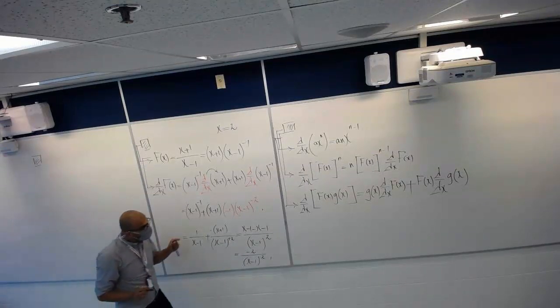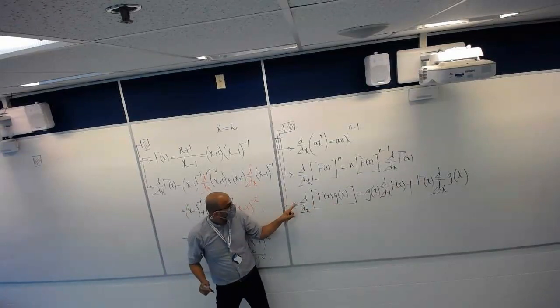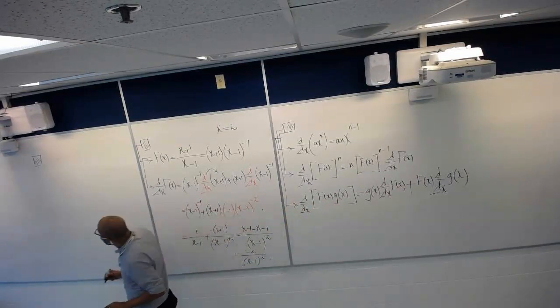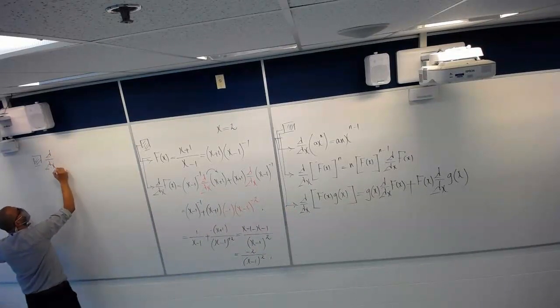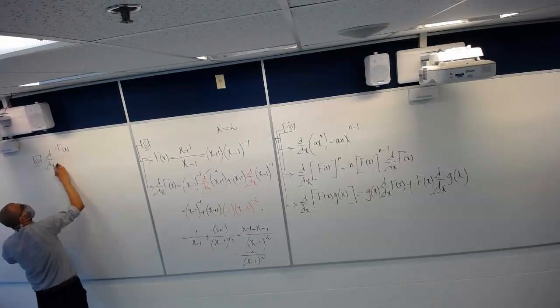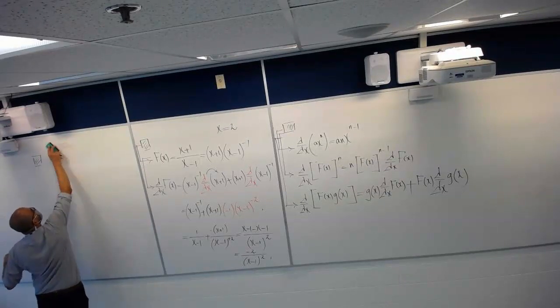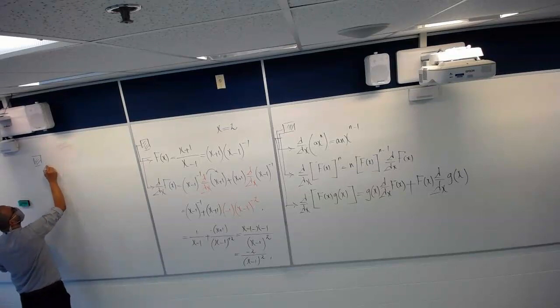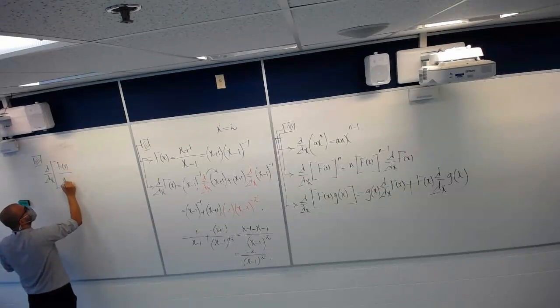Instead of having the products of two functions, then deciding to find the rate of change, I have a ratio of these two functions. d over dx of f of x over g of x.